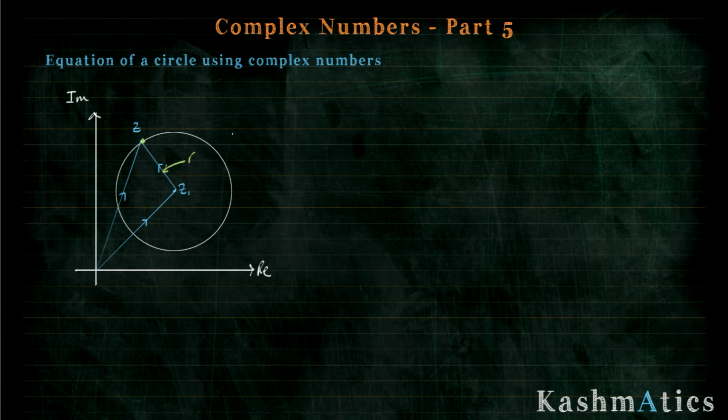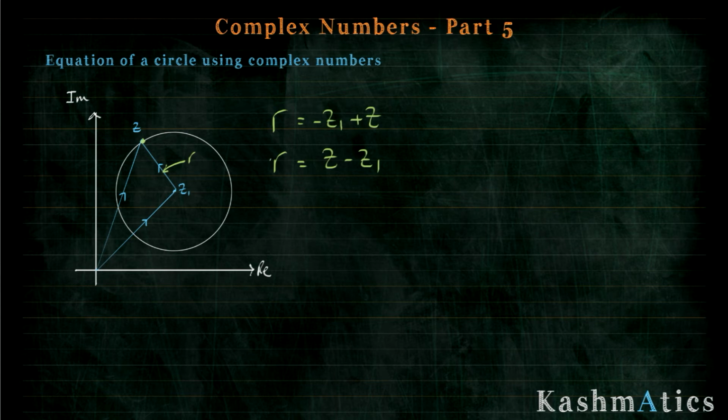Now, this R, if that was a vector, the way you'd work it out is you'd go backward along this one, and then along this one. So R, if it was a vector, would be minus Z1 plus Z. But I'm going to write it the other way around. R is equal to Z minus Z1.